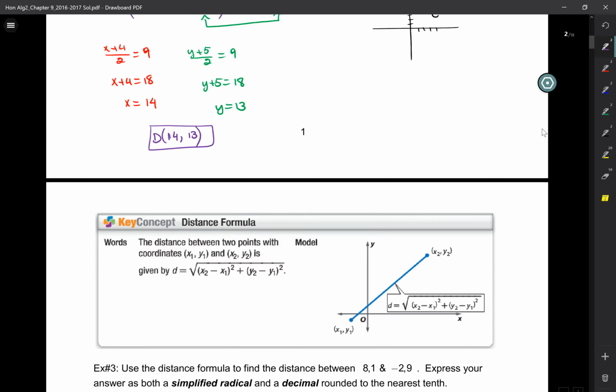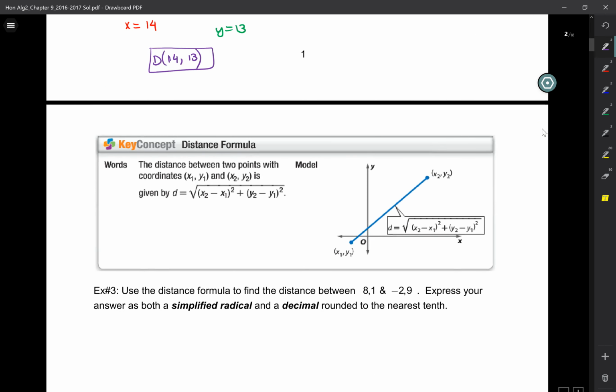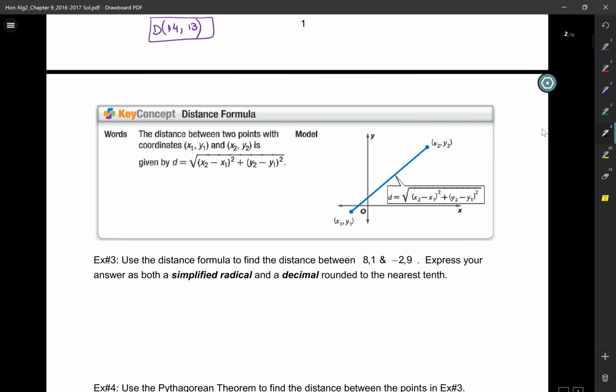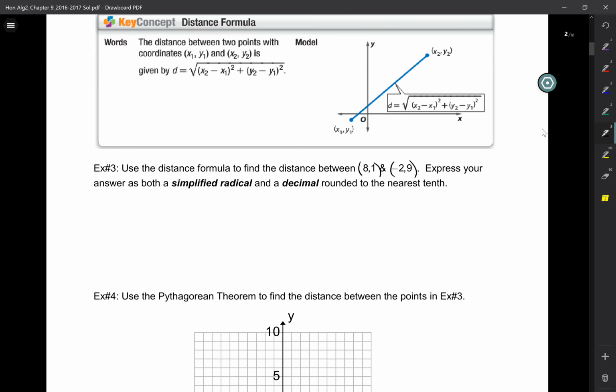Okay, so the distance formula is, if you have x1, y1, then it's the square root of x2 minus x1 squared plus y2 minus y1 squared. And it comes from the Pythagorean theorem. So let's use the distance formula to find the distance here. The first thing I do is I label these x1, y1, x2, y2.